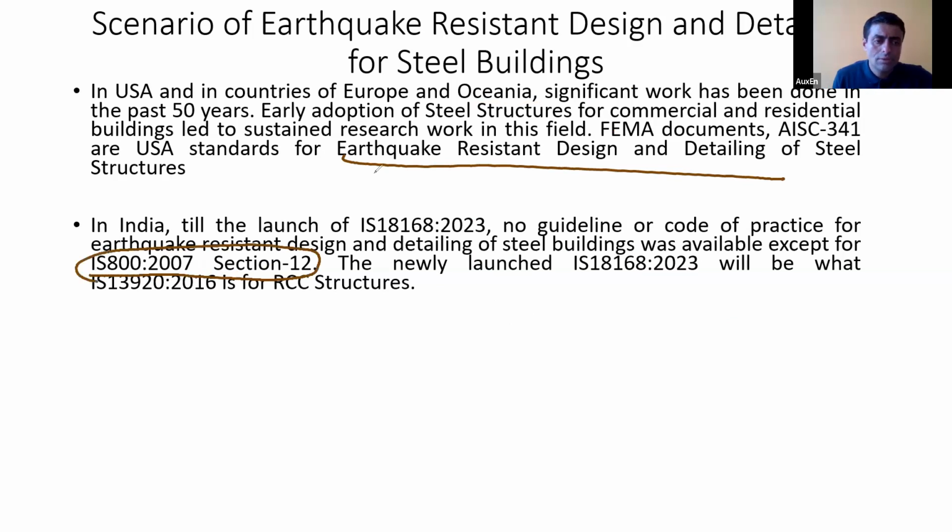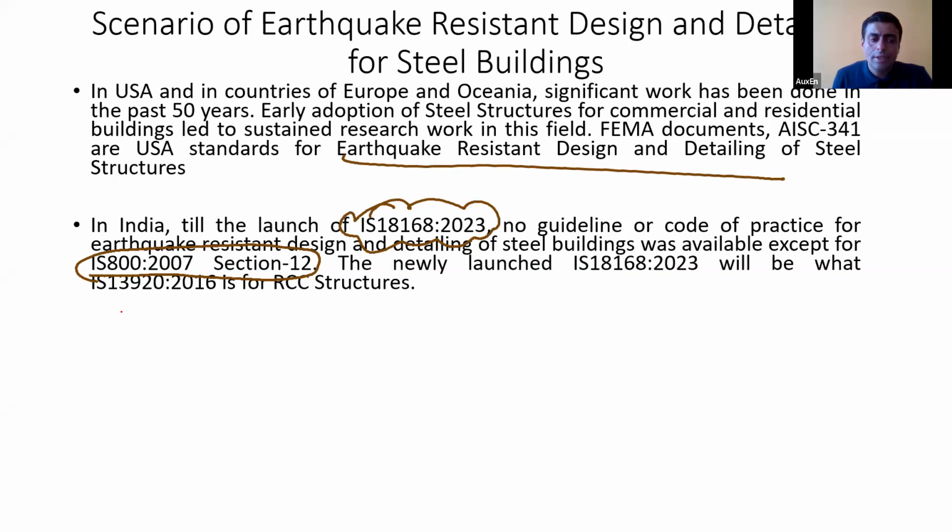Before that, we didn't have any code. Until the launch of this new code, we did not have any specifications for ERDD of steel structures. So IS 18168 2023 is the first time that in India we have a special code for earthquake resistant design and detailing of steel structures.